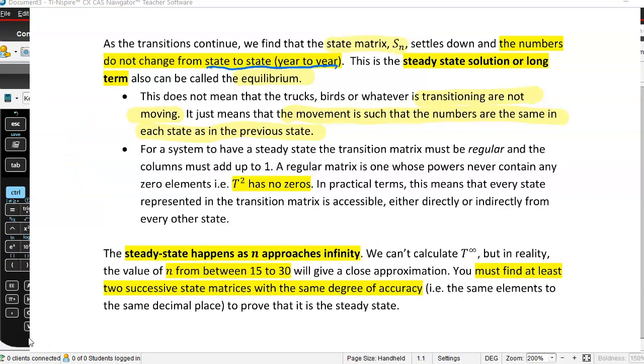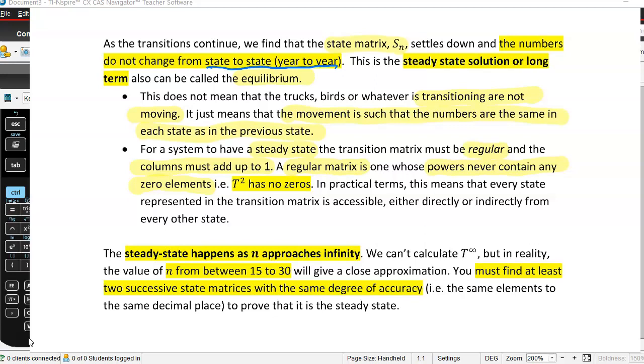For a system to have a steady state, the transition matrix must be regular and the columns must add up to 1. We've already discussed that for transition matrices, the columns must add up to 1. A regular matrix is one whose powers never contain any zero elements.